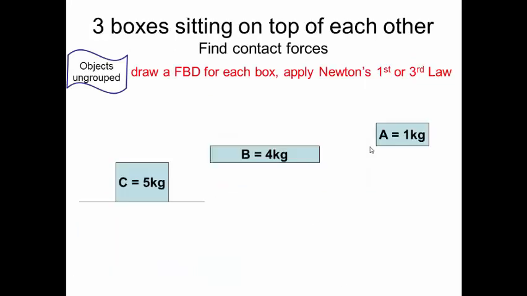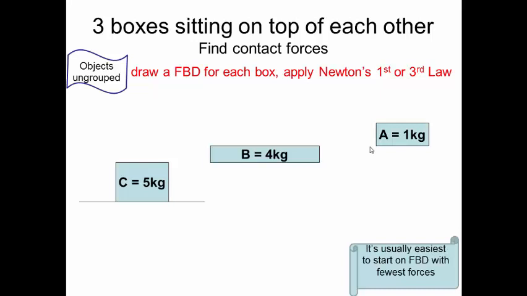I'm going to break apart the boxes into 3 free body diagrams, and it's usually easiest to start with the box that, after we draw the forces in, you'll see has the fewest forces acting on it. Box A is going to have the fewest forces, so let's start with that one first. We've got force due to gravity acting on object A of 10 newtons, mass times gravity. And we've got a normal force of B acting upward on A. So B is pushing back on A is what that shows.